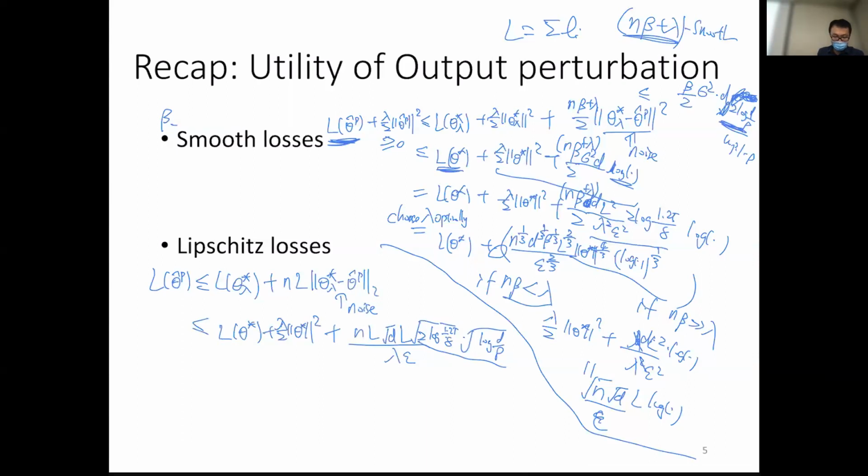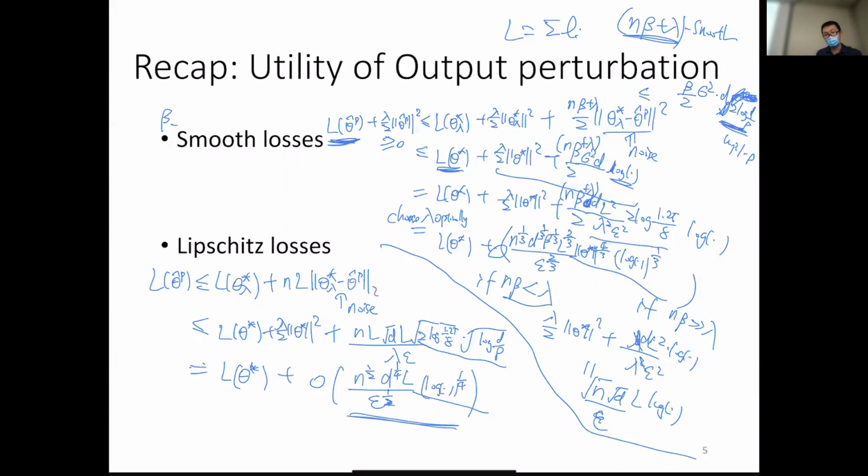And this is plus this, in the order of, I guess, square root of n over square root of epsilon, d to the power of 1/4, L, and then this log factor to the power of 1/4. Okay, that's the kind of bound that we get in the end for the Lipschitz loss functions.